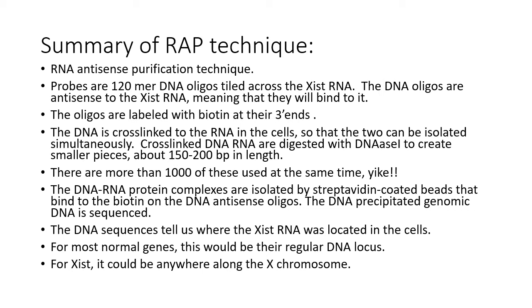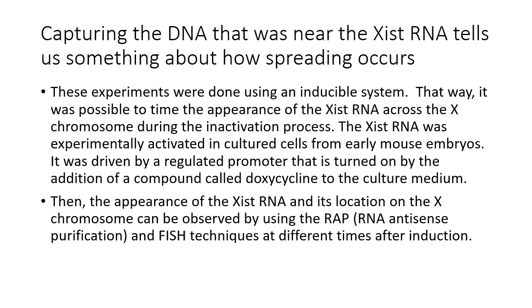Okay, so in most cases, the location of the DNA would be the chromosome location where they're made, but in this instance, the location of the DNA, which is associated with the Xist, will be anywhere along the X chromosome. So the inducible system means that the cells are not expressing Xist, and these are going to be embryonic stem cells, and then we will induce their expression, and watch the induction of the RNA, and watch the kinetics by which it spreads along the X chromosome.